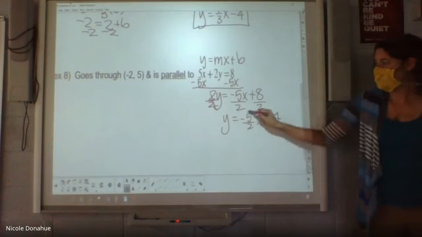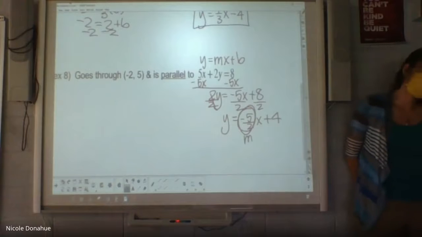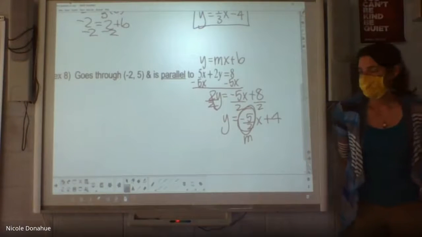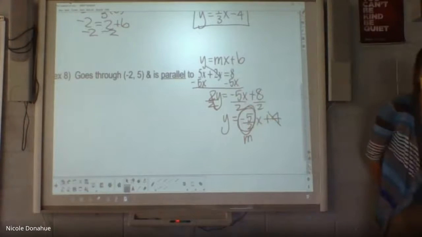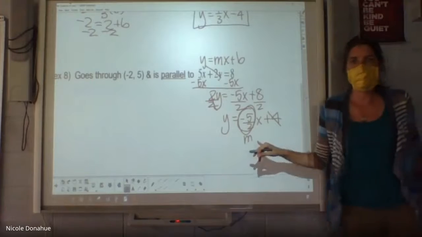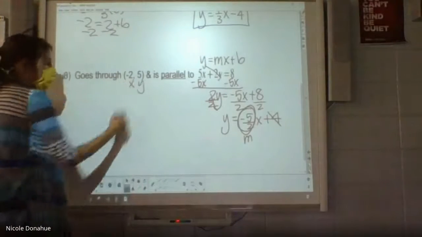So I'm taking the slope out of this line. I'm going to use this m and my new point. Again, I'm not using their b at all. I'm not really using this equation anymore. I'm just using their slope, the -5/2. So here's x and y.